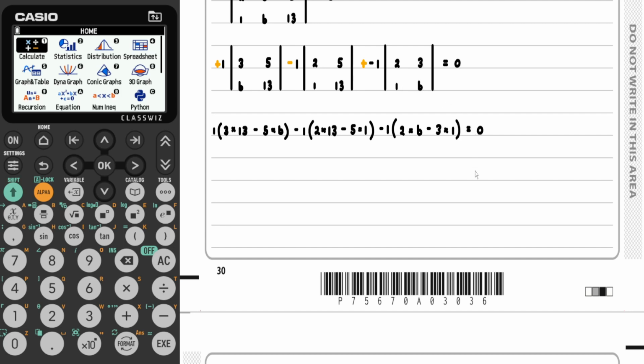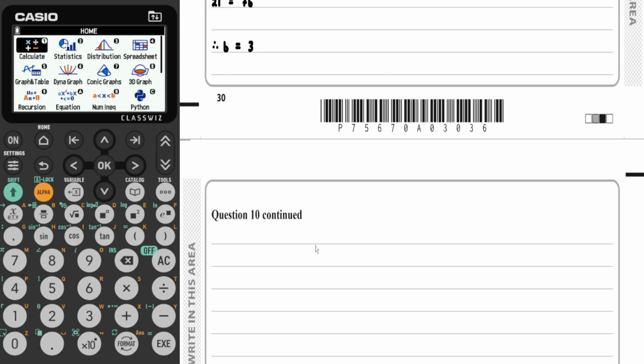And this is all equal to 0. So if we simplify, we would have 21 equals 7b, meaning b is equal to 3. Now, any point on the line where pi 1 and pi 2 meet must also lie on pi 3.